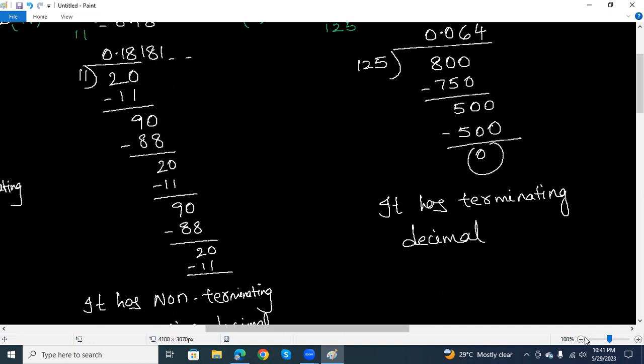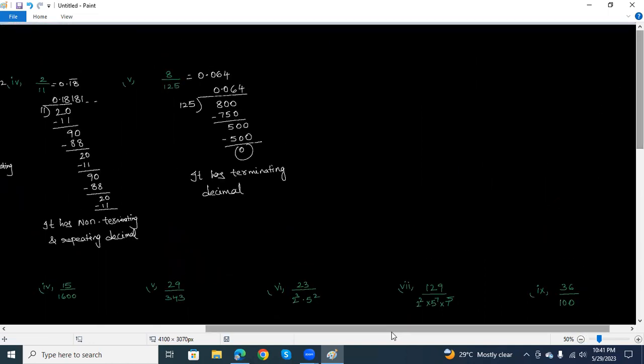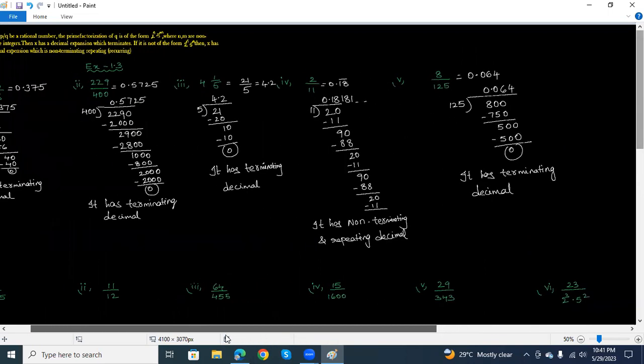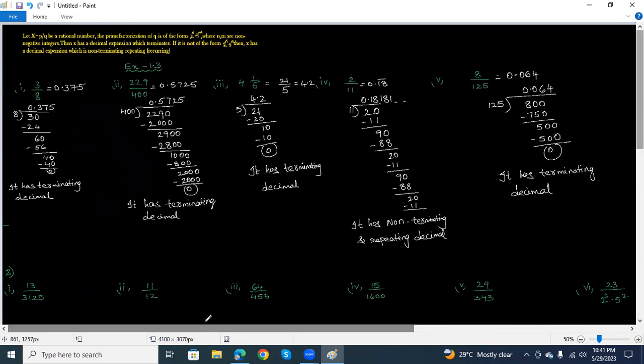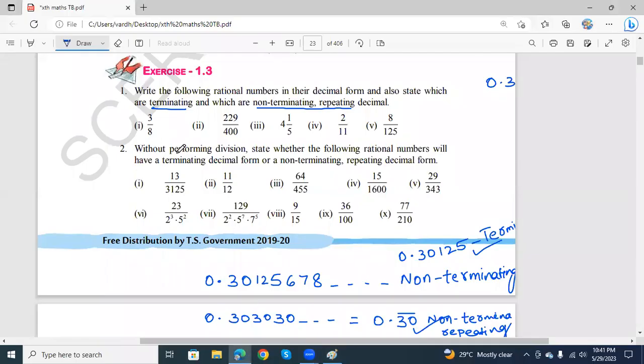That's it. So here are the 5 questions we can solve by simply dividing, to find out whether it is terminating or non-terminating. Now let's see the next question. Question number 2. Without performing division. In the previous case, we performed a normal division, right?